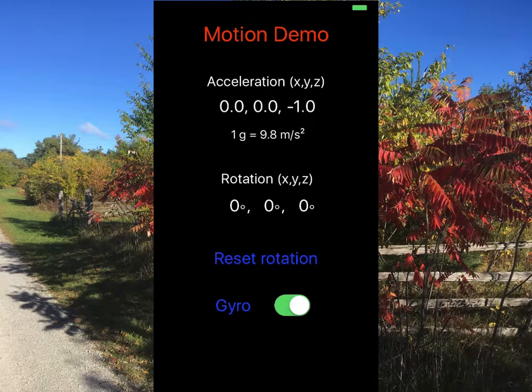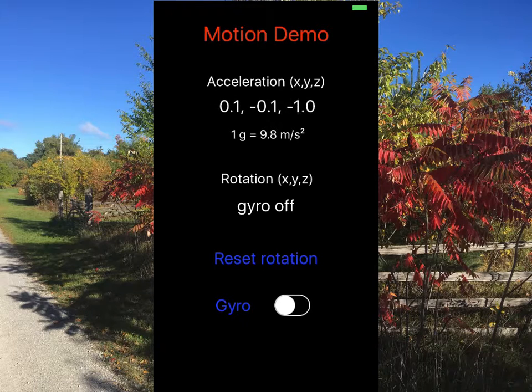What is displayed here is data coming from the accelerometer and data coming from the gyro. For now, I'm going to turn off the gyro data so that it doesn't distract from the first part of this discussion.